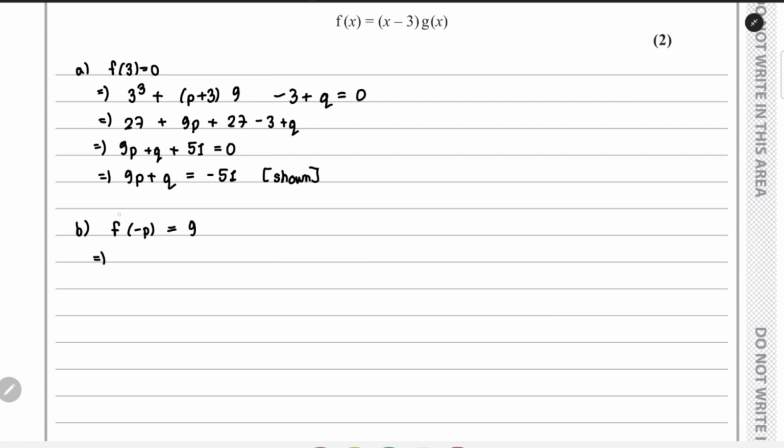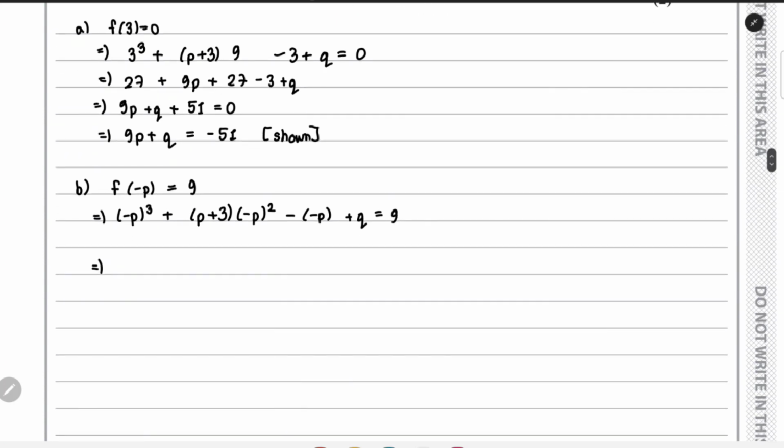So minus p cube plus p plus 3 times minus p square minus p plus q is equal to 9.